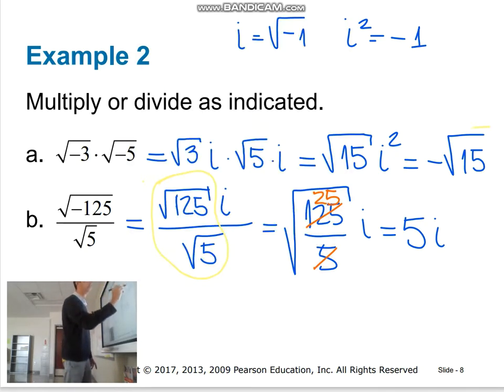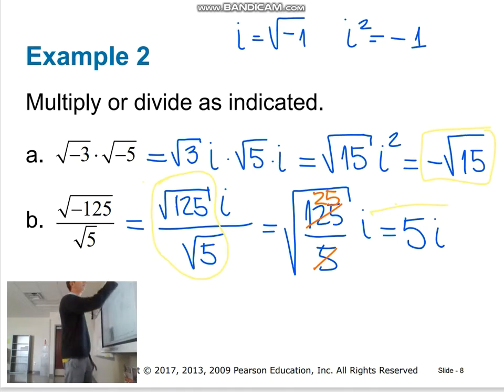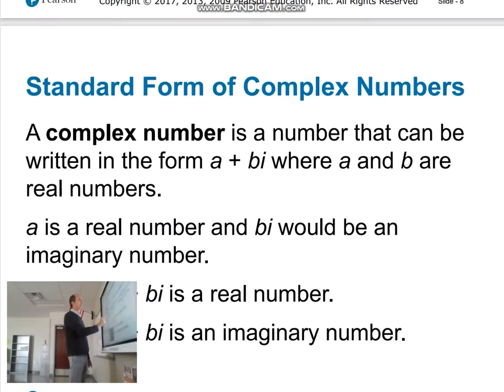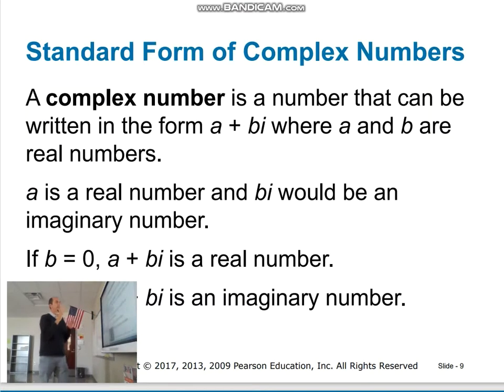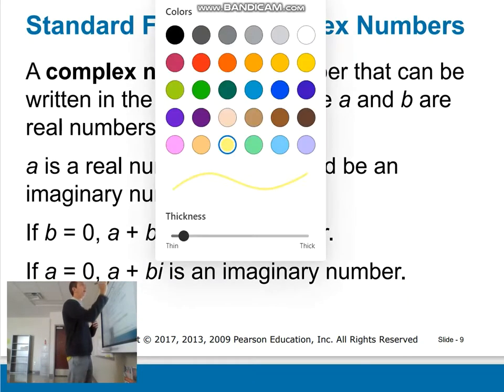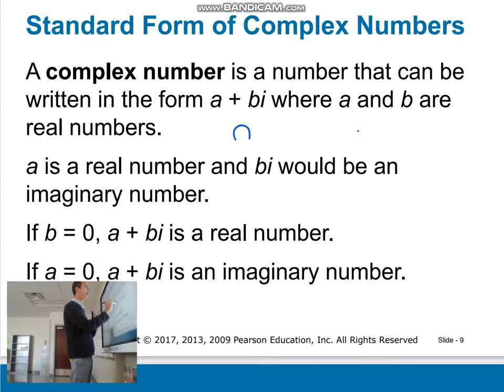And now let's move on. There is a standard form to represent complex numbers, and it can be written in the form a plus bi.